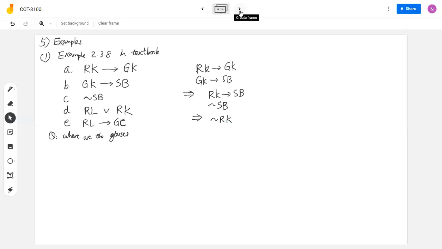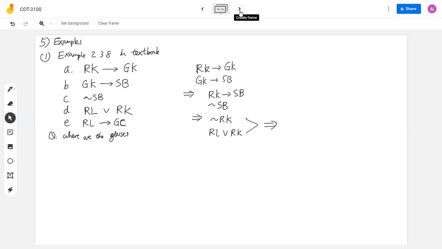Okay, then we have RL or RK combined with not RK. What does this mean? This implies, by the rule called elimination.